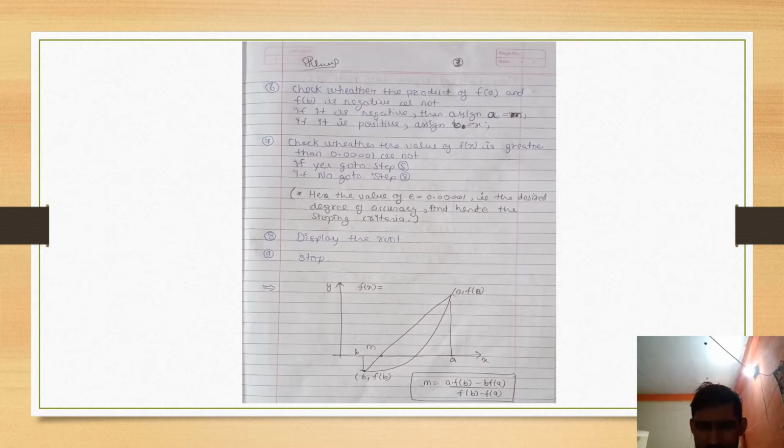Step 6: check whether the product of f of a and f of b is negative or not. If it is negative, then assign a equal to m, and if it is positive, assign b equal to m.